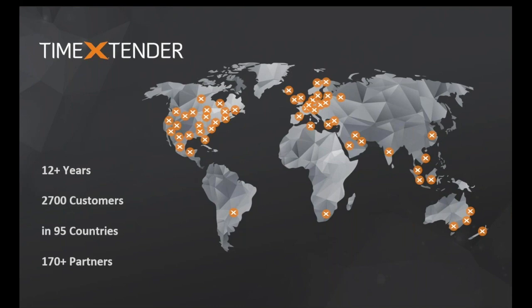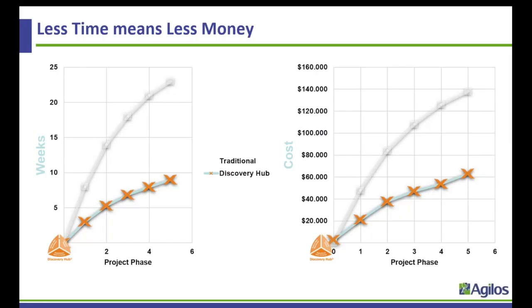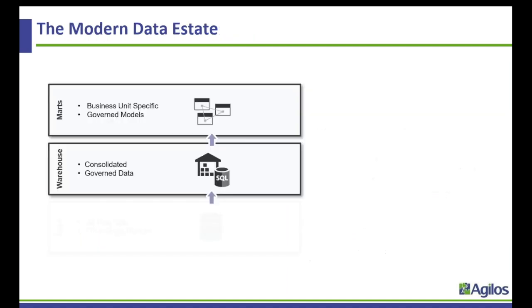So why is it called TimeXtender? Well, of course, because time is money, and if you need a lot of time to set up your data warehouse, your data marts, it will be a lot of costs that will stand next to it. When we look at the way we're going to set up your data, we call that a data estate.